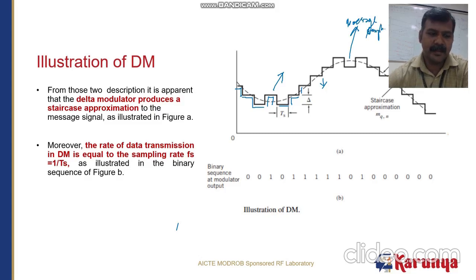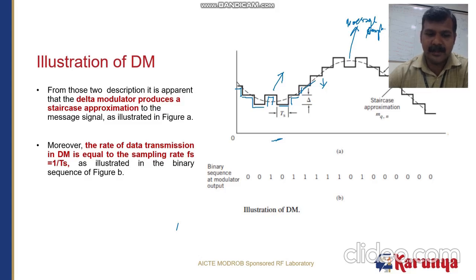Moreover, the rate of data transmission in delta modulation is equal to the sampling rate Fs, which is equal to 1 by Ts, as shown in the figure. As we have the staircase approximation, one can easily get the encoded delta modulated signal.